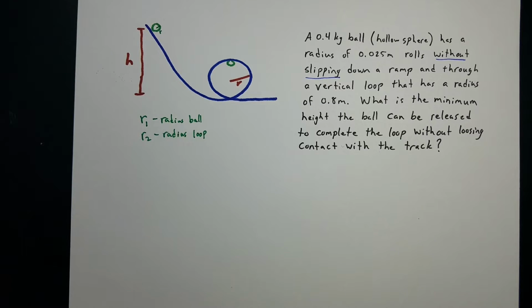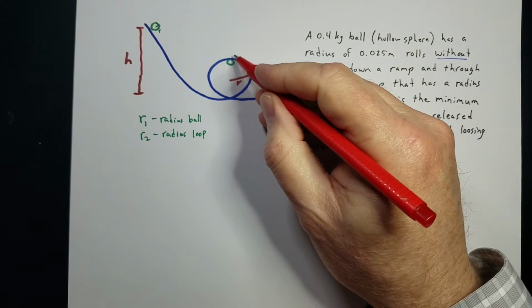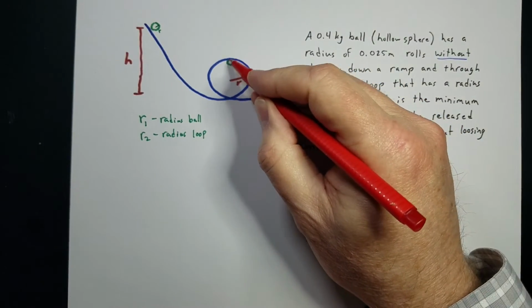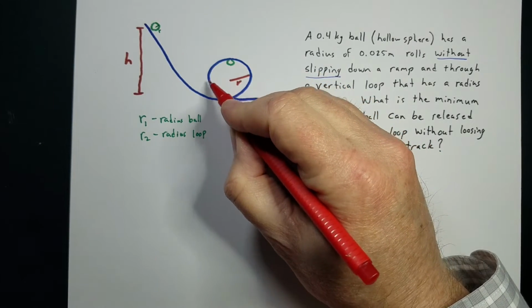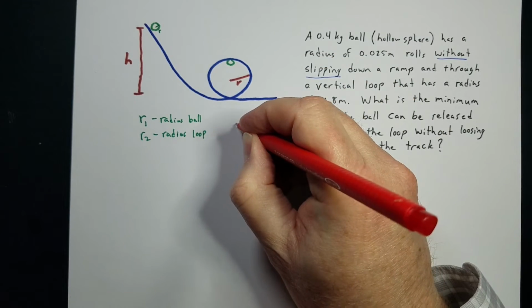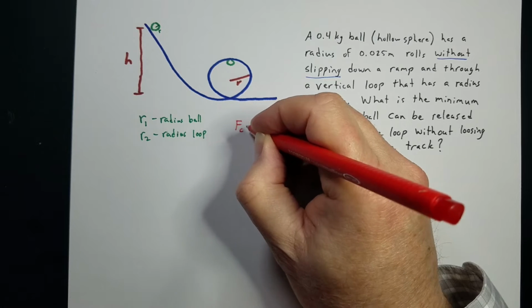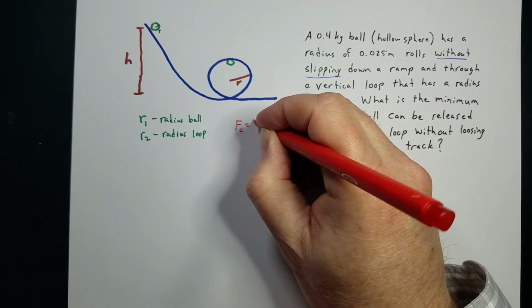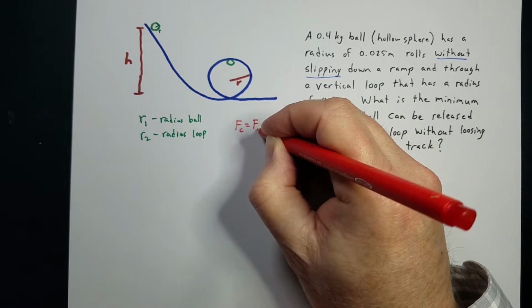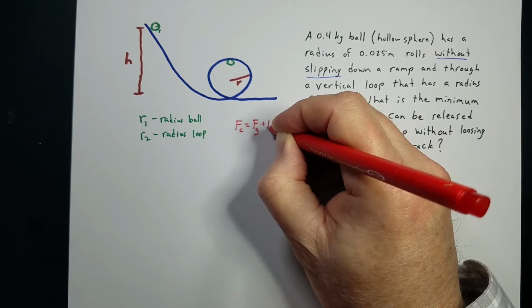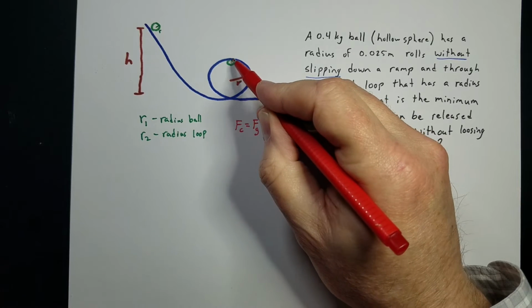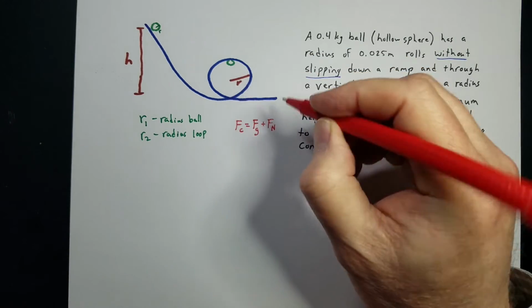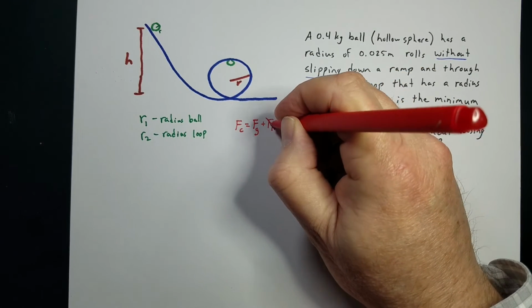One important thing is that we need to figure out what's going on at the top up here. If this ball was to just barely make it through the loop, then the centripetal force, that inward force, would normally be equal to, at the very top, gravity plus the normal force. But since this is barely making it, that normal force essentially goes to zero.